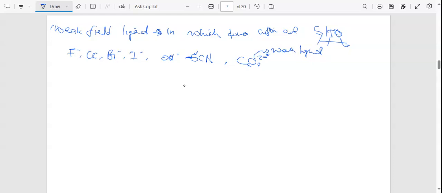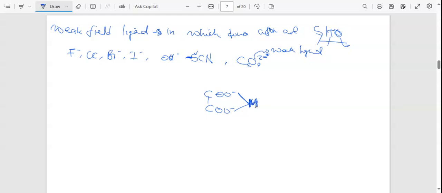So the other way we can give a weak ligand, even that one we saw for bidentate ligand, the one which uses two donor points, we call it didentate ligand.